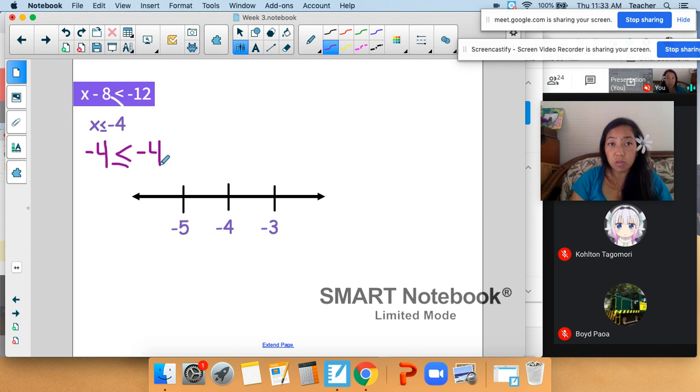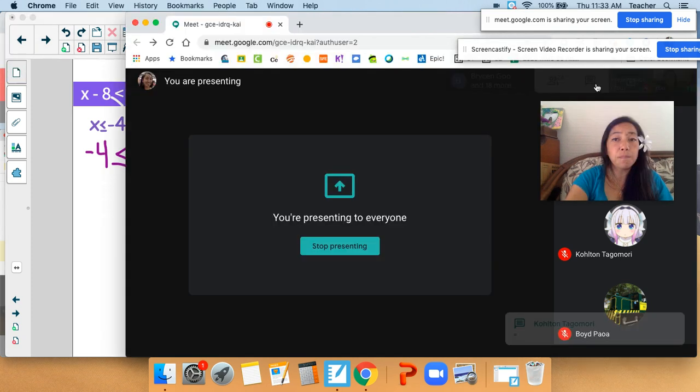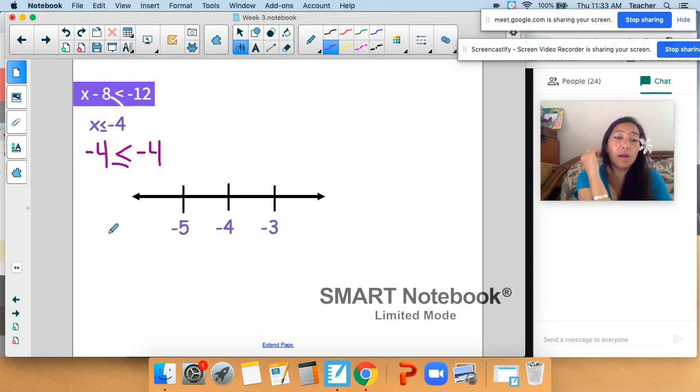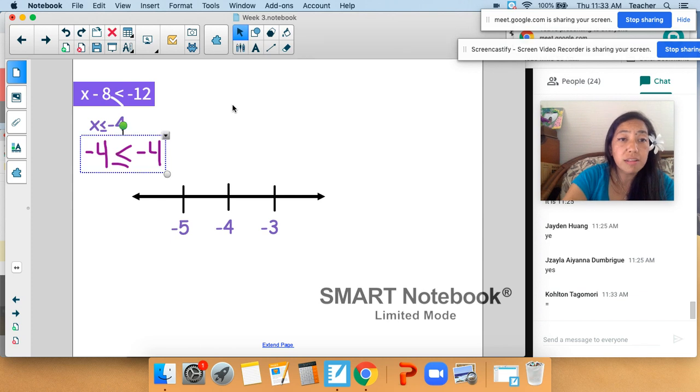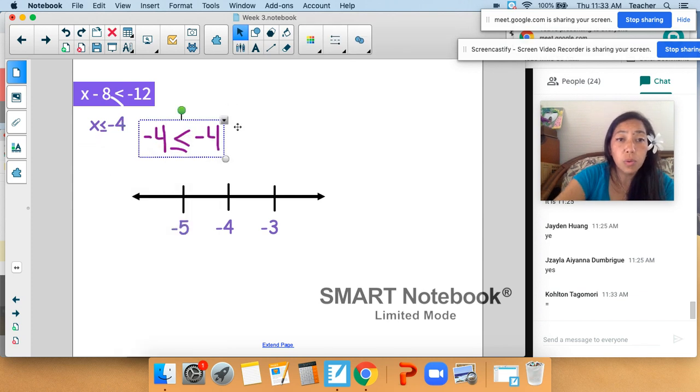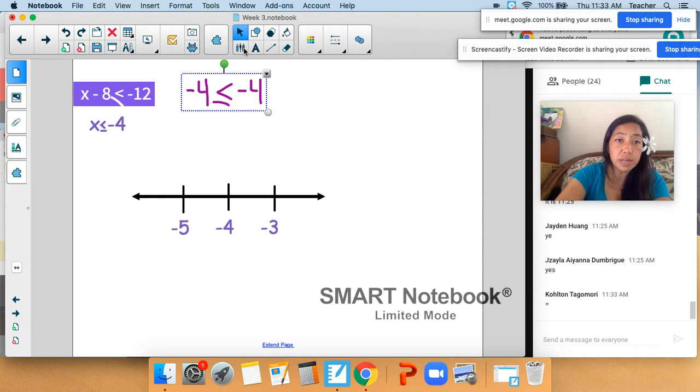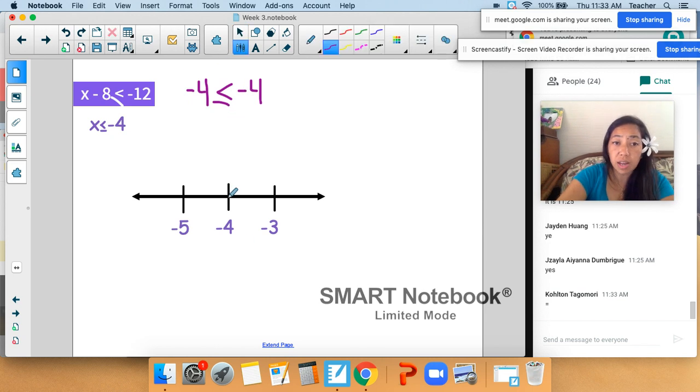It is less than or equal to because it is equal to. So we found out that -4 is part of the solution. To mark that, we draw a dot on the grid. It's not an open circle, it's a dot. Remember, a dot signifies that it is a solution.